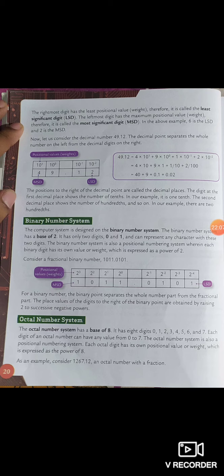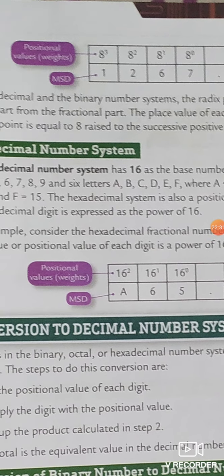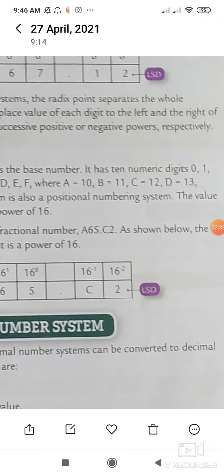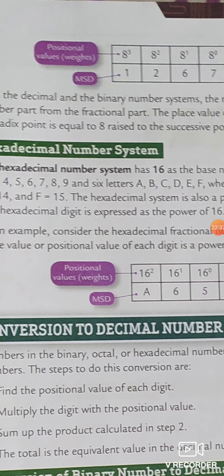In this number the MSD is 1, which is placed in the positional value of 8 cube, and the LSD is 2, which is placed in the 8 to the power minus 2. You can see in this figure, here is the MSD and here is the LSD.